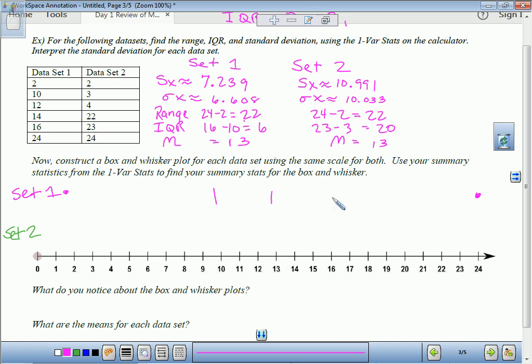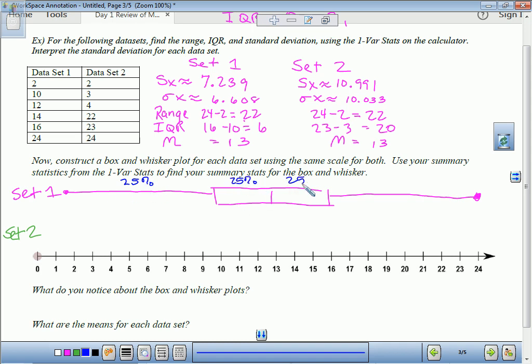And Q3 for data set 1 was 16. This is what our box looks like, and here are our whiskers. If you remember from when we first did box and whiskers, 25% of the data lies here, 25% here, 25% here, and 25% here. That's why we call them quartiles, because it breaks the data up into 4 different sections.